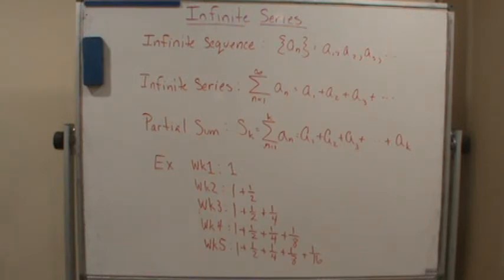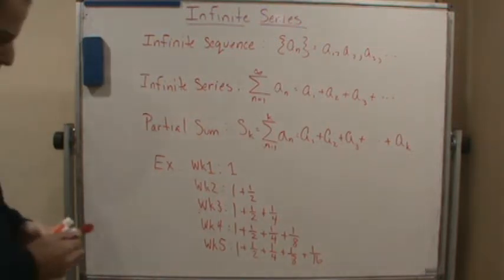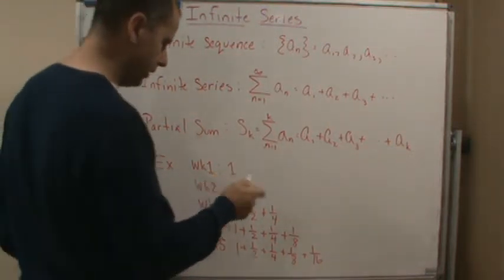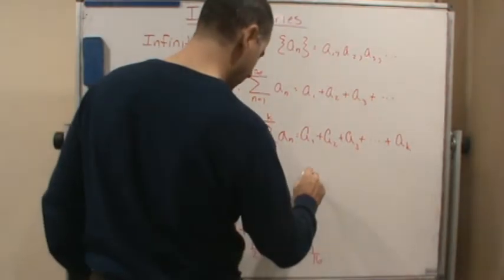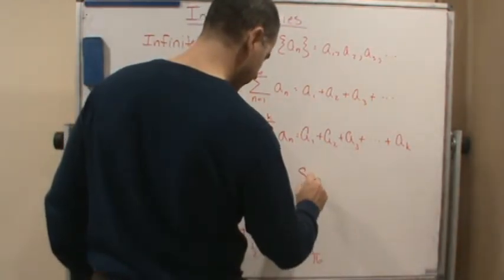Now looking at this pattern, we can see that after K weeks, the amount of oil that's in the lake can be represented by this.